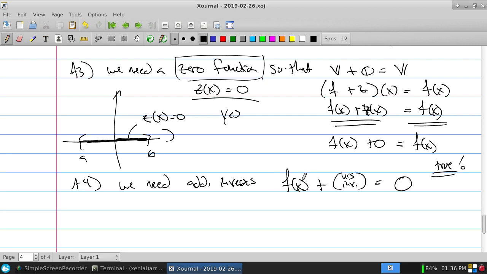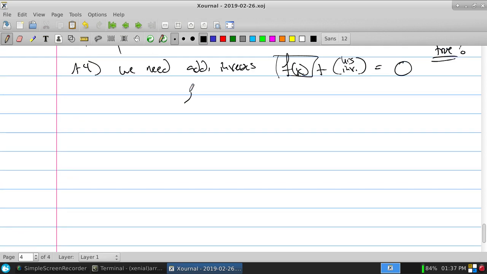If I don't know what number this is, but if I take a number, what should I add to it so it always spits out 0? The negative of that number. And so I bet f of x plus minus 1 times f of x is 0. And so this is our additive inverse.